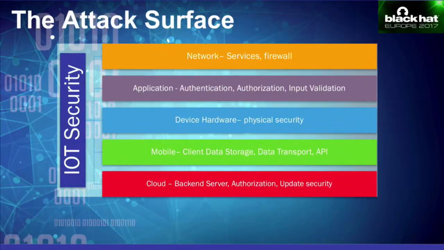Now think of attacks against each of these layers: network layer, application layer, device hardware, mobile interface, cloud infrastructure. Take all these attacks and combine them together. That is the attack surface of an IoT device. So it could look like a simple device, but it does expose a huge attack surface.